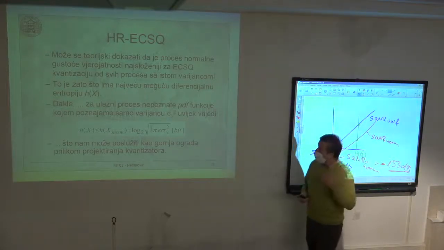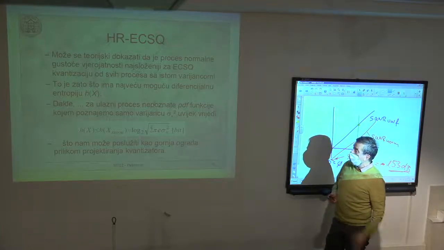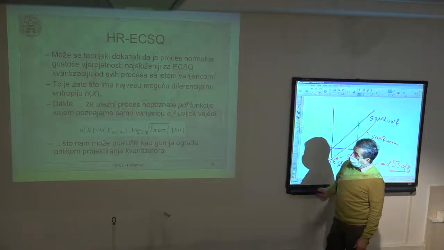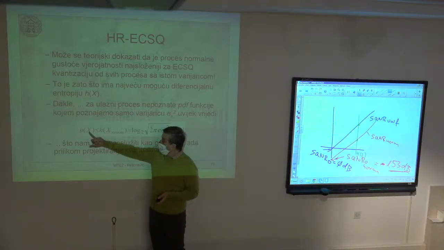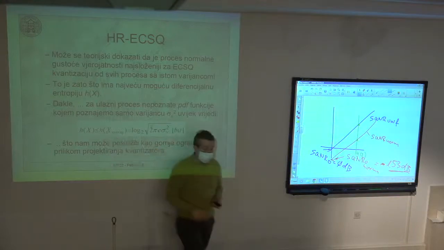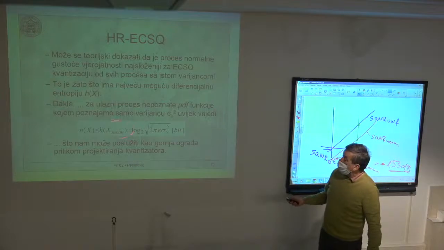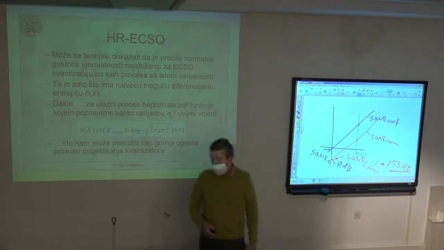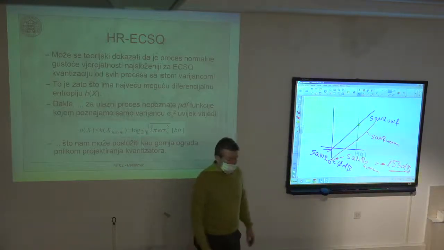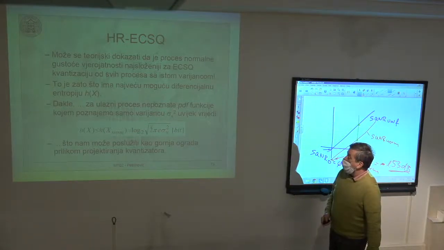For any other process, the quality would be higher for the same variance and for the same output rate. Okay, so the differential entropy of any other process with the same variance is always lower than the differential entropy of the normally distributed process. And that is the reason why this Gaussian process can be used as a template that defines the bound for the quantization quality. So the lowest quality for given entropy and given variance.